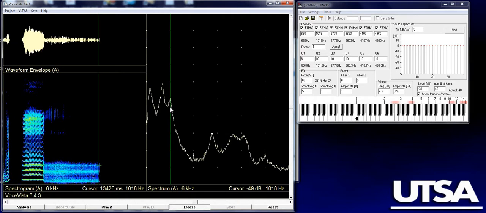Now let's look at this one. This was our second formant peak here at 1018, and again we're going to do the same procedure. We're at 1018, and I notice minus 49, so we're going to be looking for minus 52.